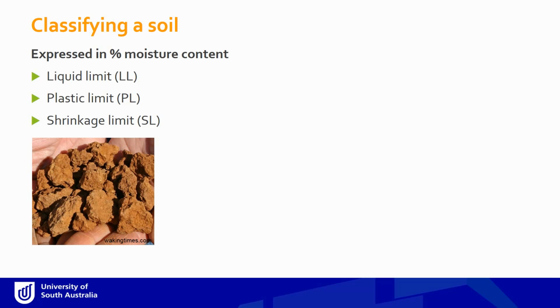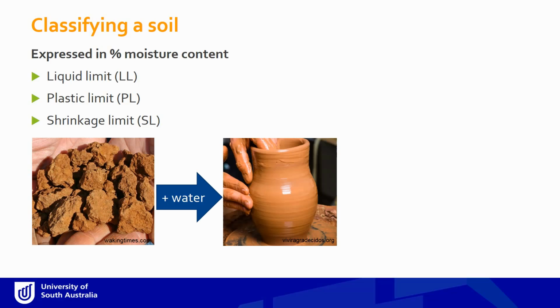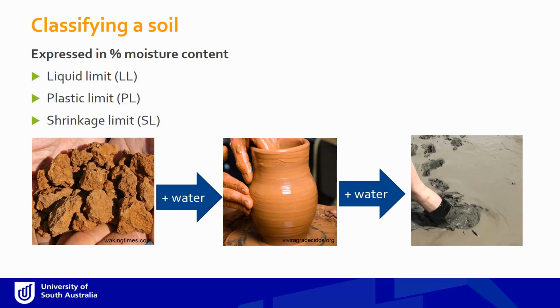Just let me explain. Let's say in the first picture we can see lots of dry soil. So a clay soil will look like this when it is in a dryish state. Now if we add water to it, we can mold it to any shape. And then if we add more water to it, it will start behaving like a liquid.